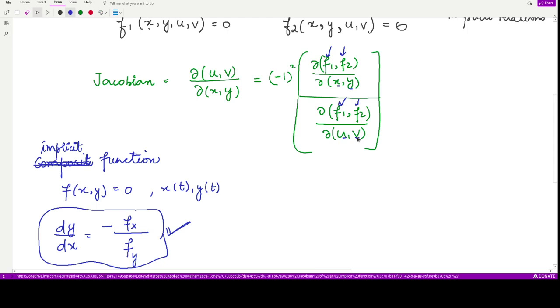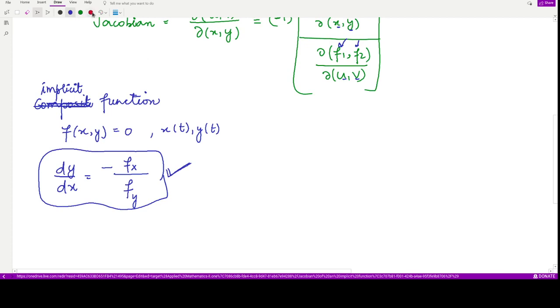We also have a general result. So we have this generalized version of this result.